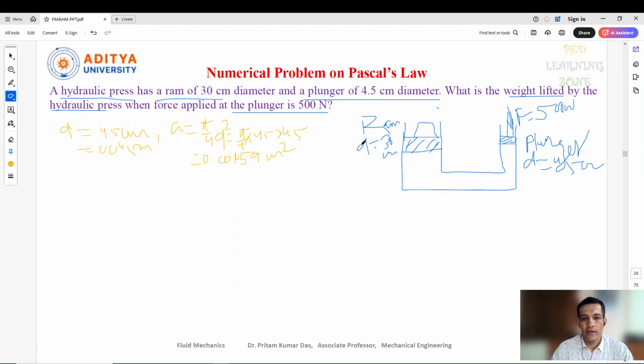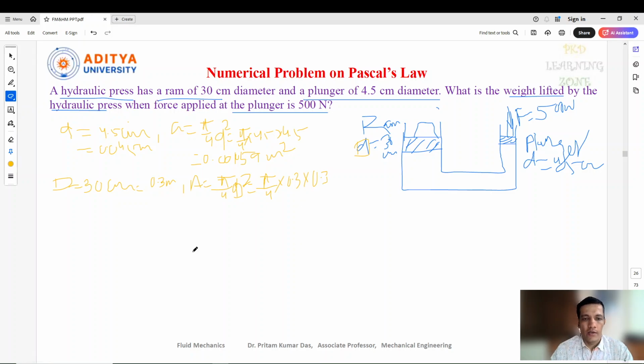Similarly, here the ram is given, so this one I can consider as capital D. So capital D is given as 30 centimeter, which we can convert into 0.3 meter, and the area, capital A, is pi by 4 D square. So similarly we can write pi by 4 into 0.3 into 0.3.